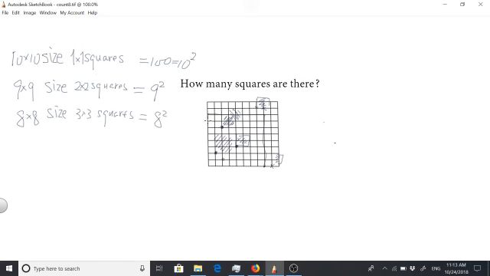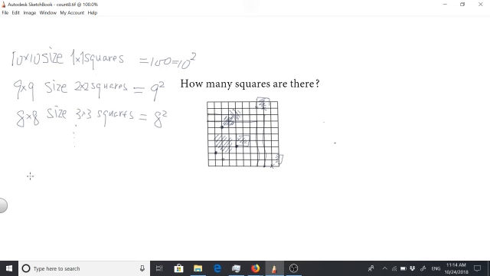Any 3 by 3 will have its lower left corner below this line and to the left of this line. Okay? And similarly, you can work out 4 by 4. I will just use dot dot dot, and I think you can convince yourself.